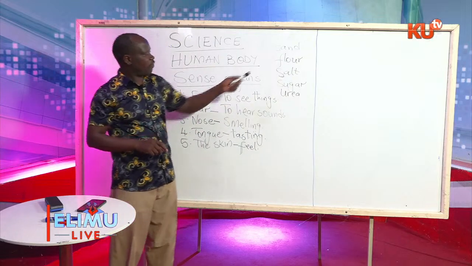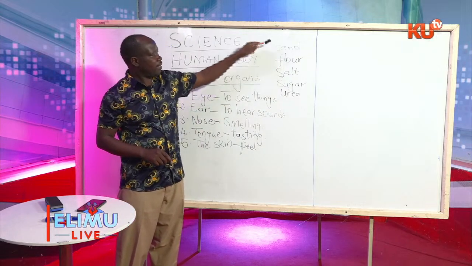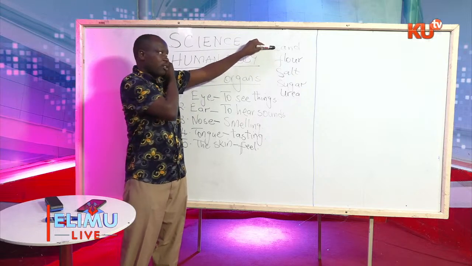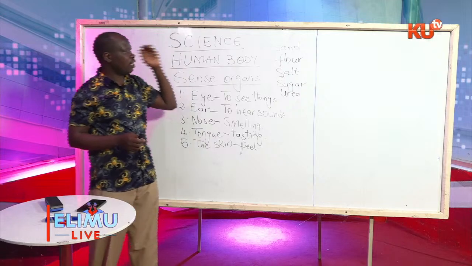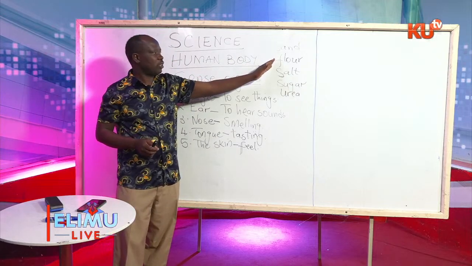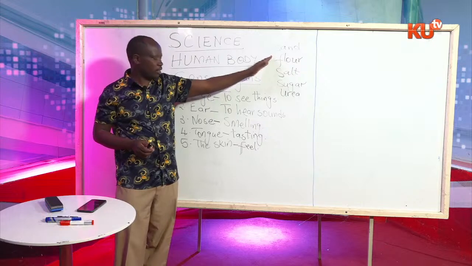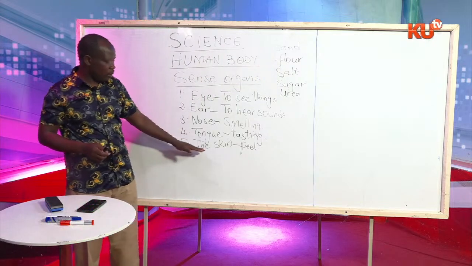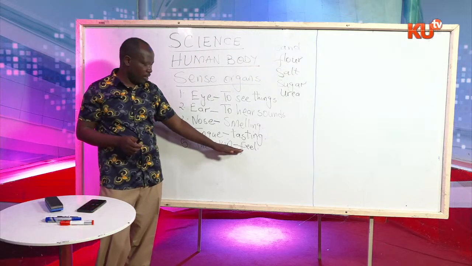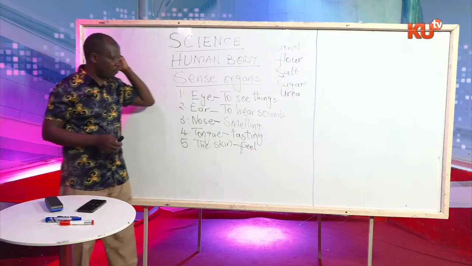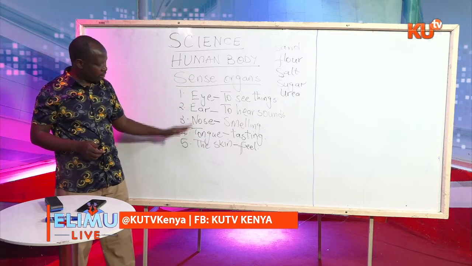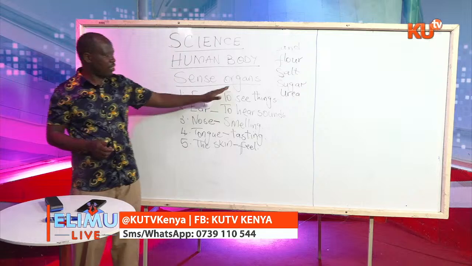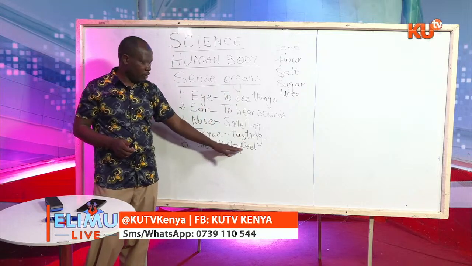You will get that flour is soft and sand is rough. So that is the function of the skin. Through the skin on your hand, you will know the roughness or softness. When water is poured on you, whether warm or cold, you will feel and know how the temperature of the water is. So these are our 5 sense organs and the functions of each of them.